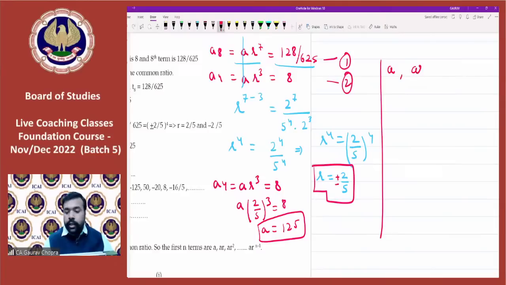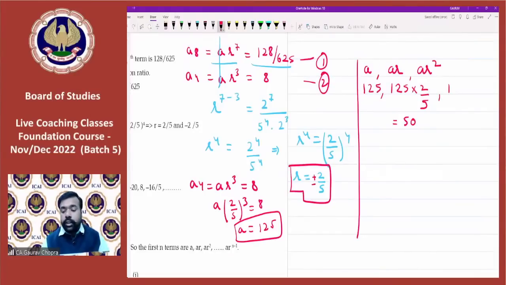A, AR and AR square. This is the GP. What is the first term? It is 125. What about the second term? 125 multiplied by 2 by 5. How much does it come to? After cancellation, it will be 50.